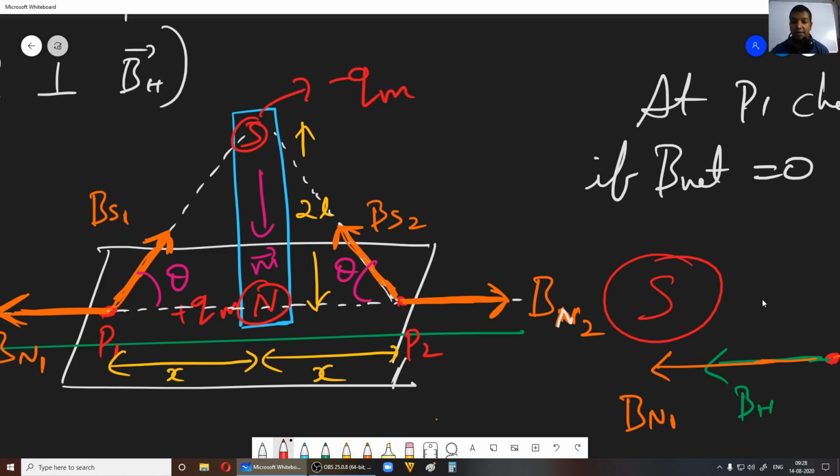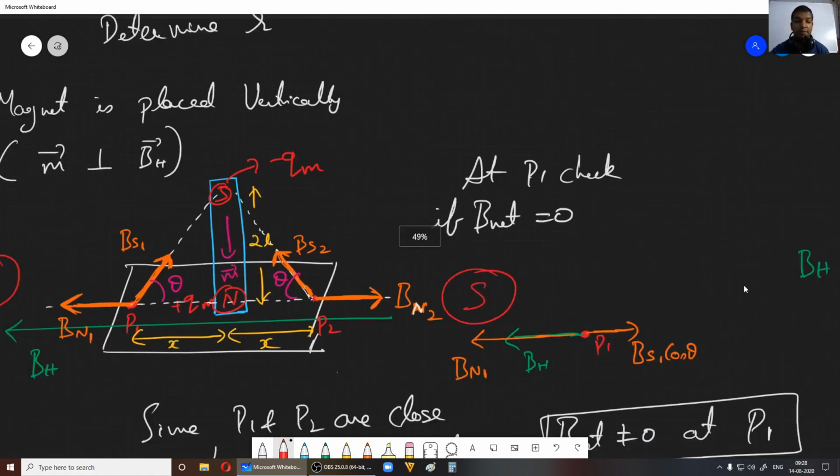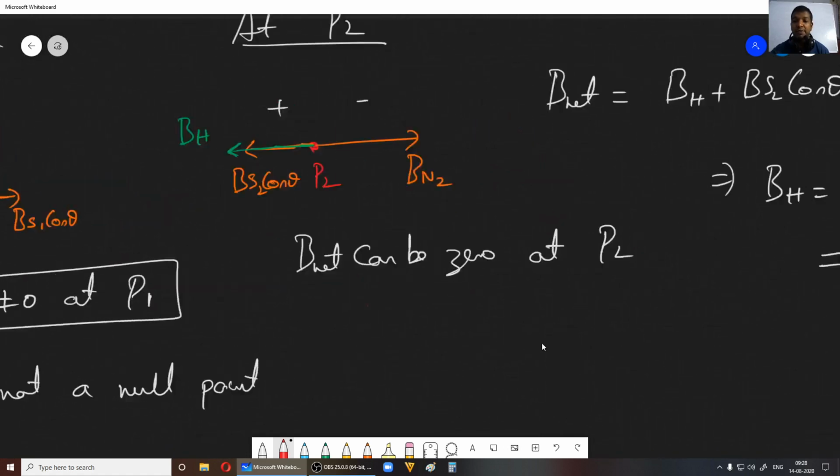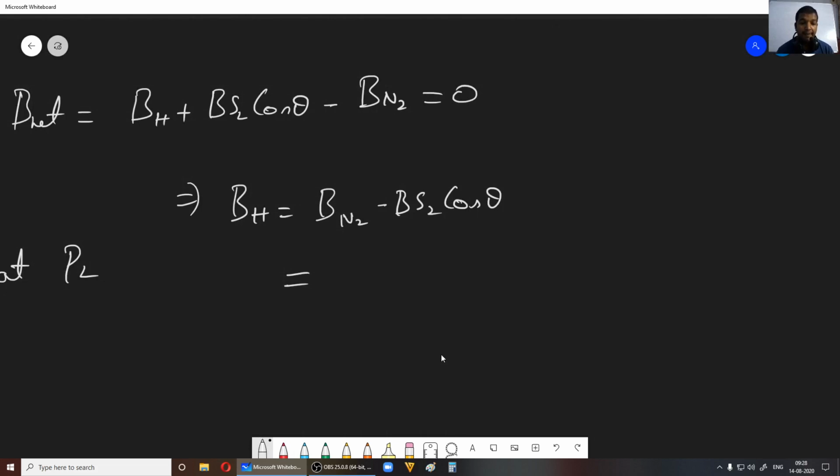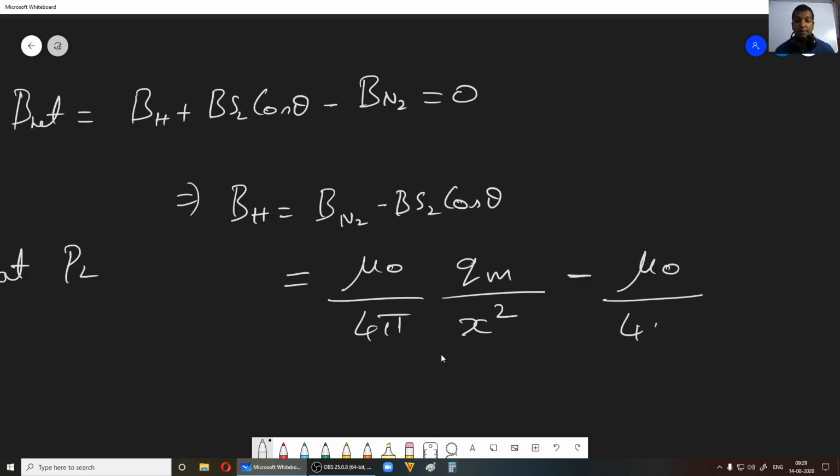Okay, so going by this assumption, we can say Bn2, right? So k, that is mu naught divided by 4 pi times qm, now the whole thing divided by x square, minus Bs2, so mu naught divided by 4 pi.